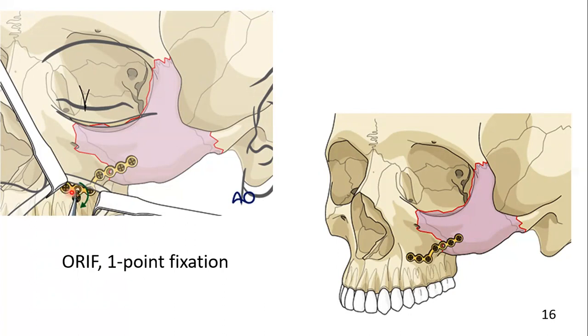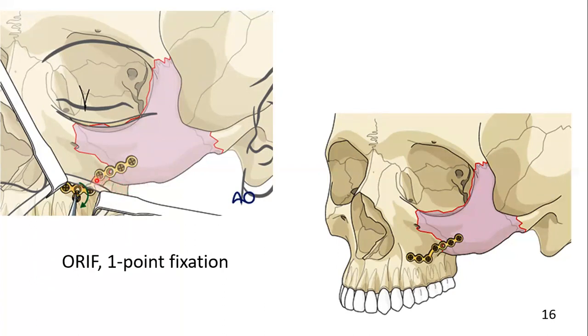Sometimes this lateral maxillary buttress can be comminuted. So in such a case, a longer L plate with multiple screw holes may be ideal, so that you stay away from this comminuted area of the maxillary sinus.